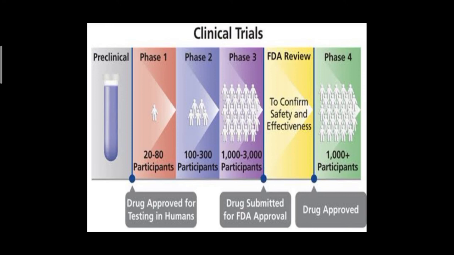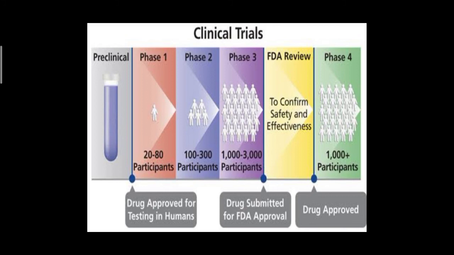In clinical trials you will find 4 phases: phase 1, phase 2, phase 3 and phase 4. In phase 1, only 20 to 80 healthy volunteers will be checked. After getting approval for phase 1, they will move to phase 2, with 100 to 300 patient participants.